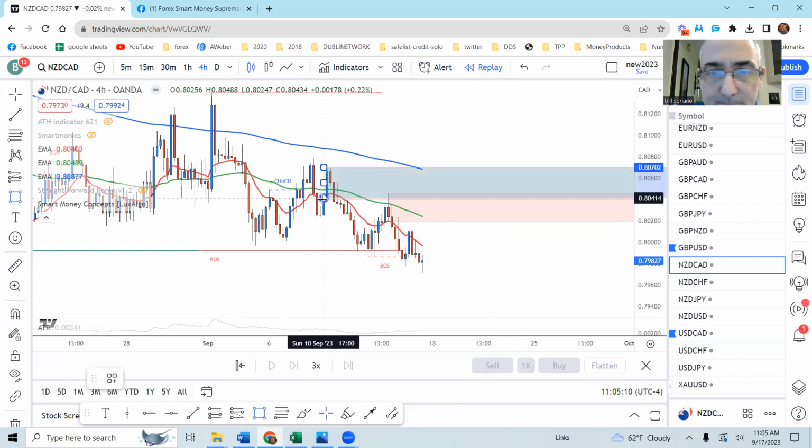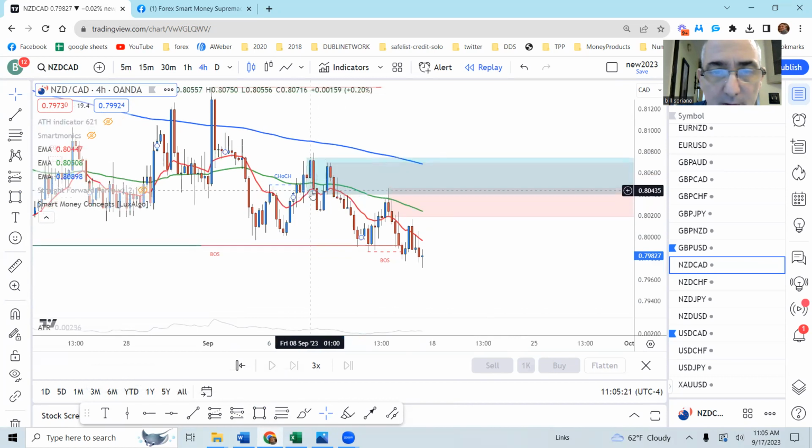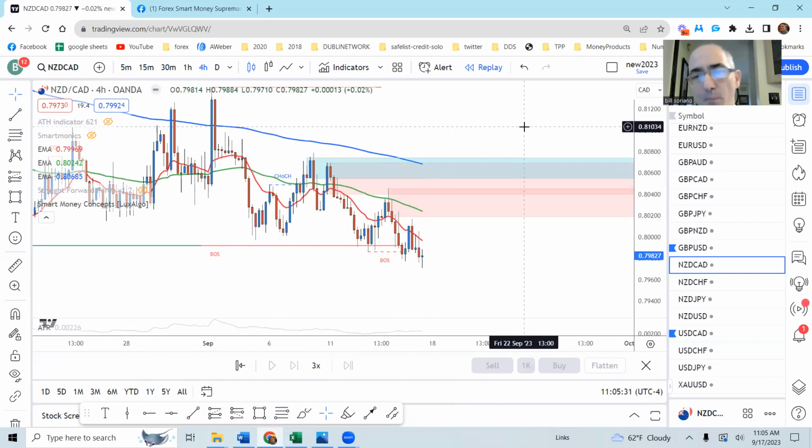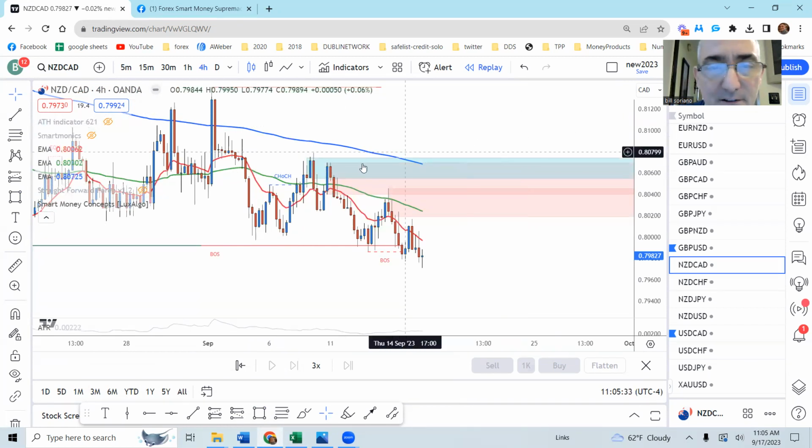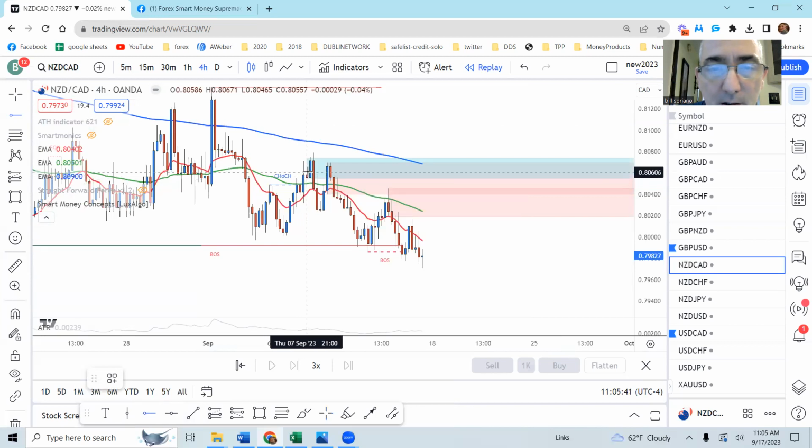Okay, so let's see. No, we want to use this candle right here. We want to use this blue candle right here. And we're going to use the open of that candle. But what we're going to do is, see, we don't have any imbalance there. So instead of using the open of that candle, we're just going to go a little bit higher up in this order block.